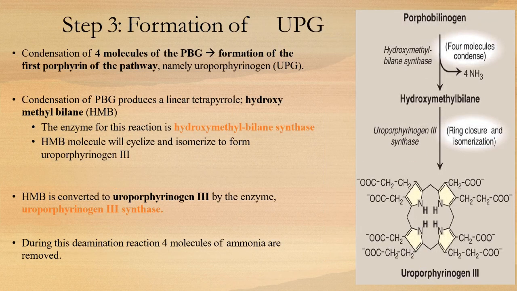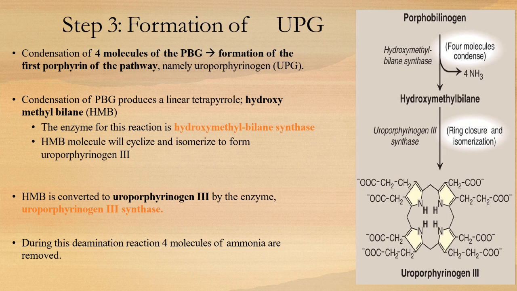Step 3, formation of uroporphyrinogen. Condensation of four molecules of porphobilinogen leads to the formation of the first porphyrin of the pathway, namely uroporphyrinogen. Condensation of porphobilinogen produces a linear tetrapyrrole, hydroxymethylbilane.